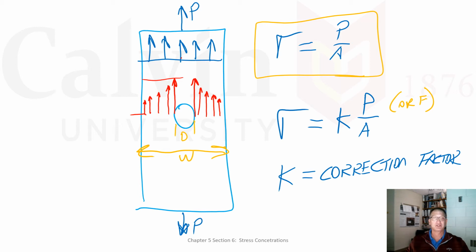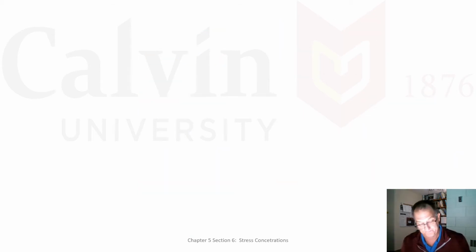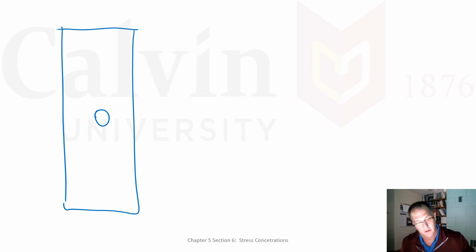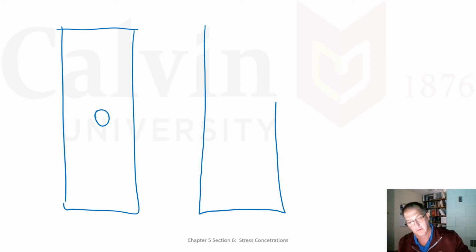So the key for this section in the text is now what kinds of situations do we face, and how do we find the correction factors? Well, the situations that we face look like a plate with a hole, or, oh, I can't do that because I can't erase.